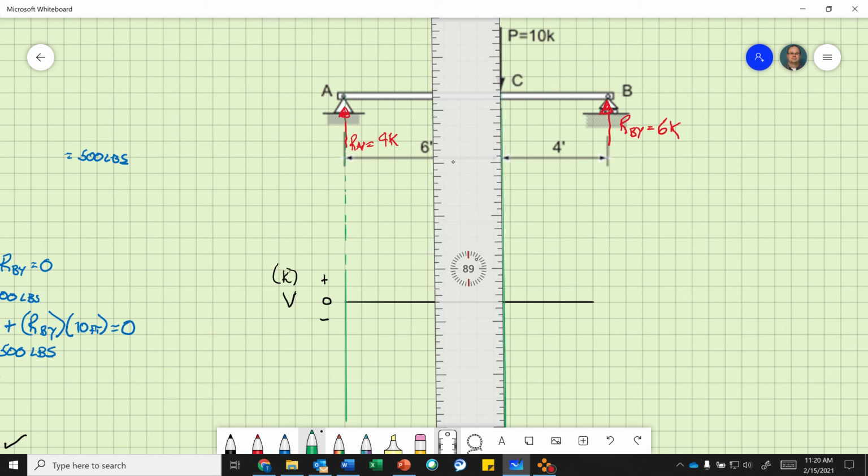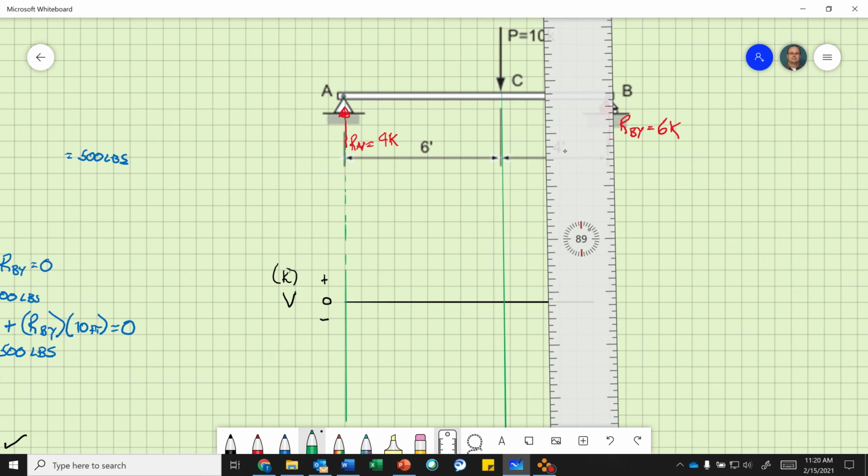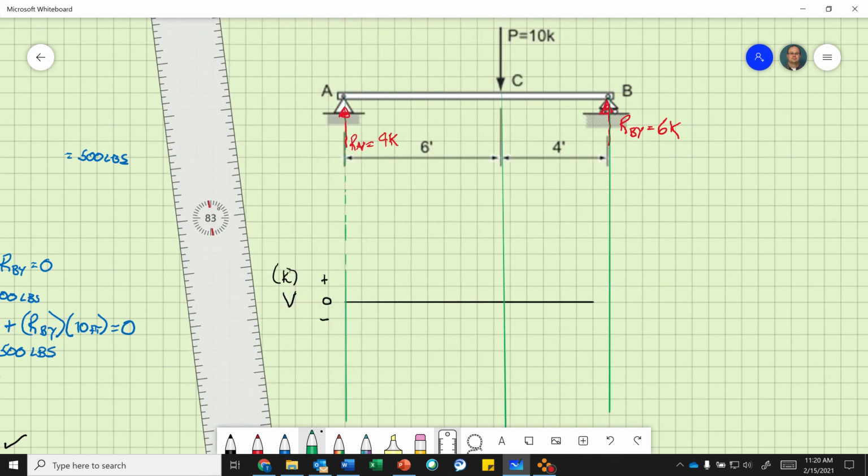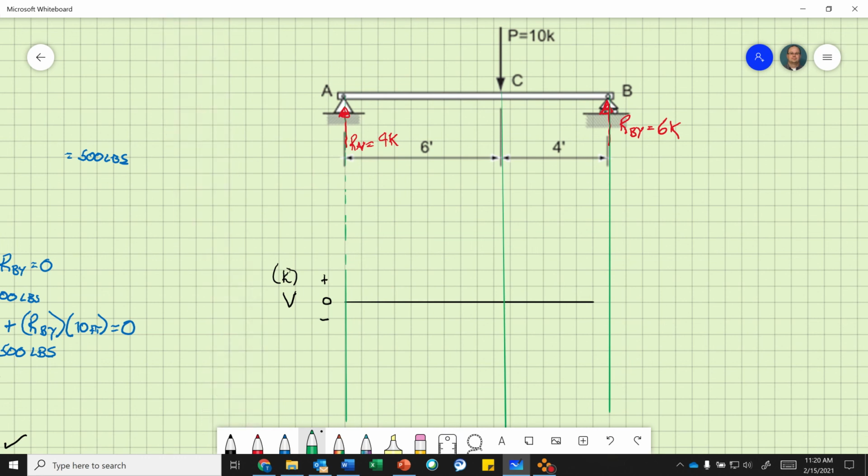It's not quite 90 degrees, and right, because these points don't change. Okay, so let's pull the ruler off.